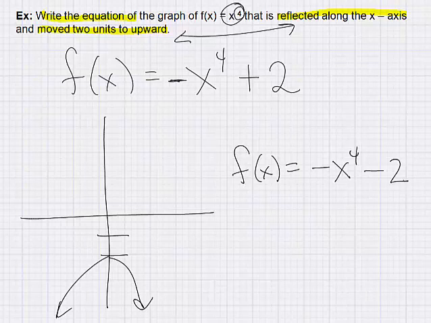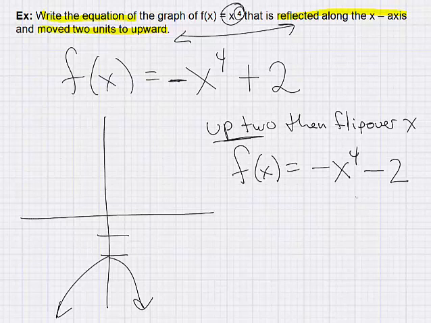Even if I said up 2 units, then flip over the x, because I did my flip second and not first, I'm actually going to be down 2 units.